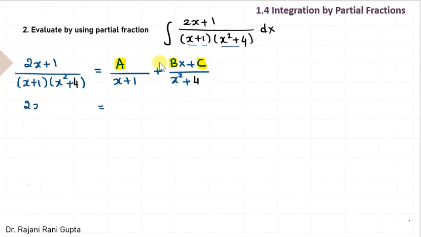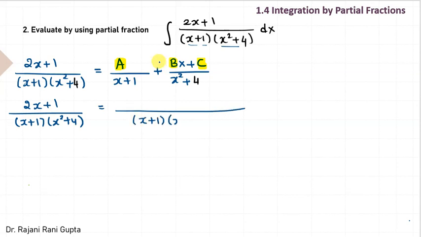Again, we are comparing 2x plus 1 over x plus 1, x square plus 4, with this. So the denominator will be the same, x plus 1, x square plus 4. We have to find out what we will multiply with a and what we will multiply with bx plus c.